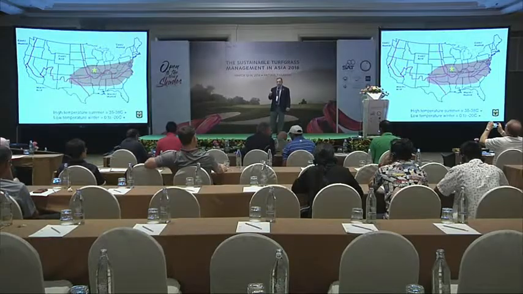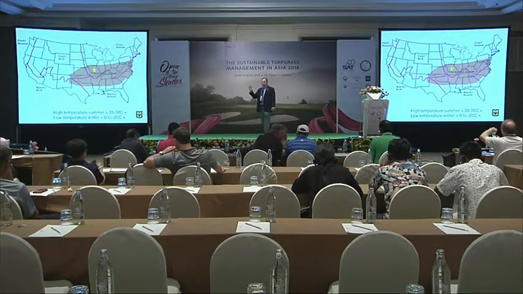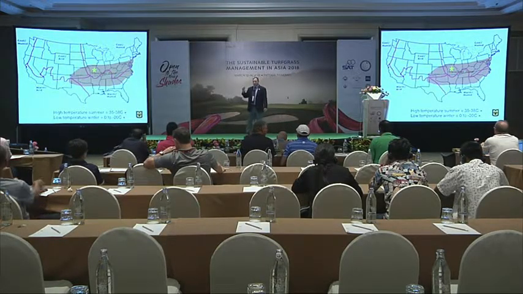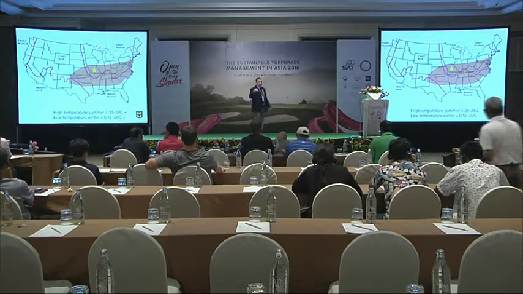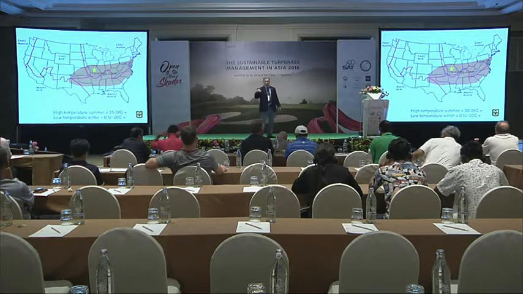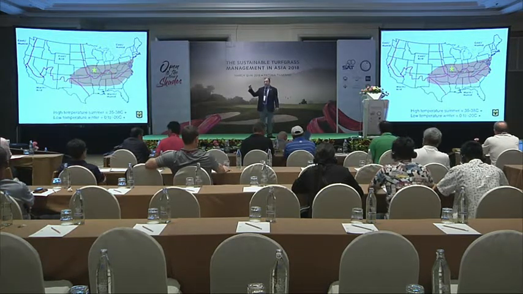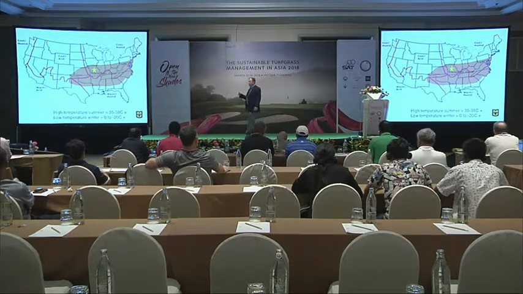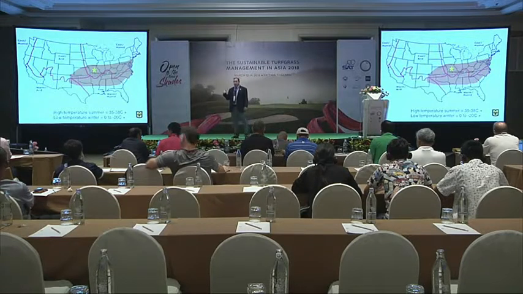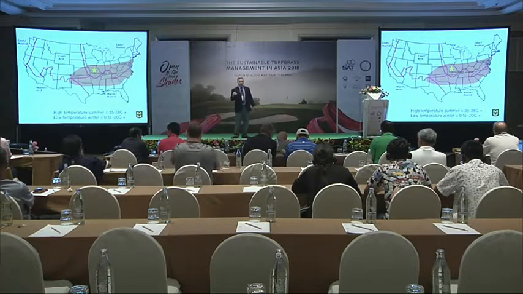We're in a very interesting and difficult area of the world to live in. We're called the transition zone of the United States. What that means is that we're really hot in the summer, up to 35 degrees Celsius and higher, and we get really cold in the winter, so our grasses will go dormant.